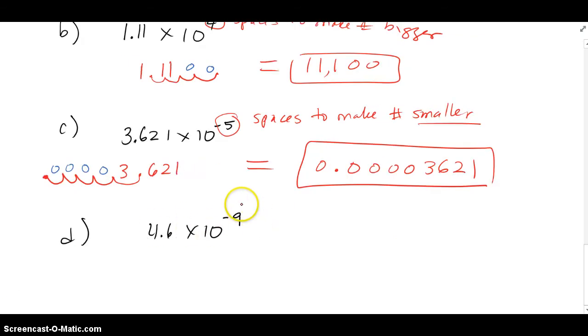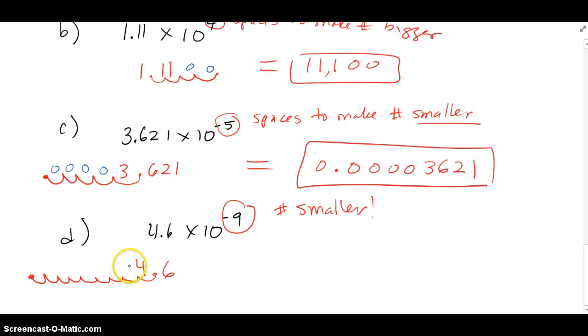Last one, put this in regular form. Again, this is the spaces I need to move to make the number smaller, again, because I am dividing by powers of 10 because of that negative exponent. So I start with 4.6, and then I move 9 spaces to the left to make it smaller. 1, 2, 3, 4, 5, 6, 7, 8, 9.